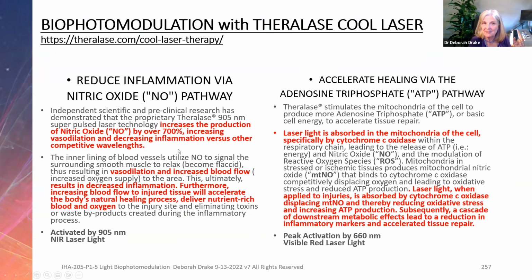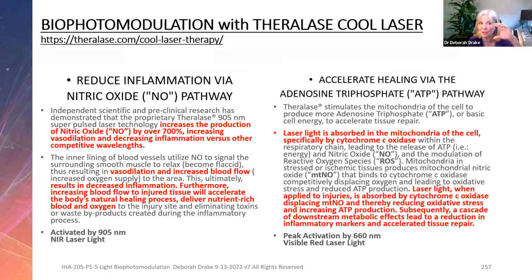So once you're getting up into that ultraviolet range, you're starting to really penetrate the upper brain and such, the arteries. Now, it does say the inner blood vessel linings utilize nitric oxide to signal the surrounding smooth muscle to relax and become flaccid, causing vasodilation and increased blood flow to the area. So ultimately, this release is decreased inflammation through the blood flow sweeping the area better, okay?